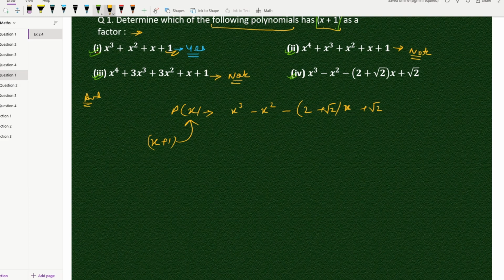So we'll firstly go for the long division method to find whether the remainder is 0 or not. This is x cube minus x squared minus (2 plus root 2) x plus root 2. We have to divide this by x plus 1.